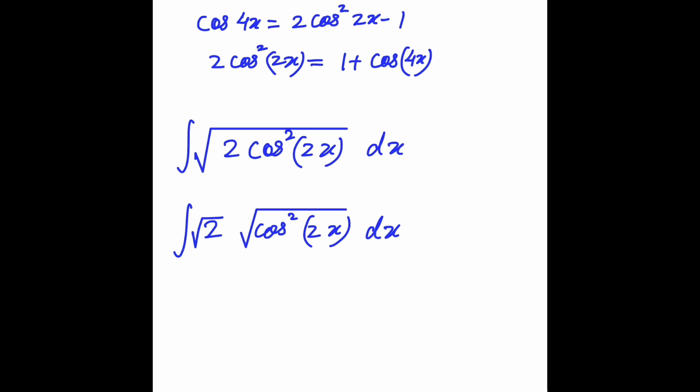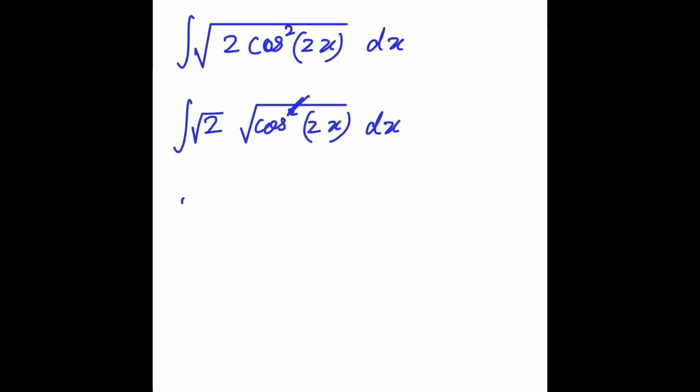We can now successfully eliminate the under root like this, which is going to be leaving our original expression as under root of 2 cos of 2x d of x.